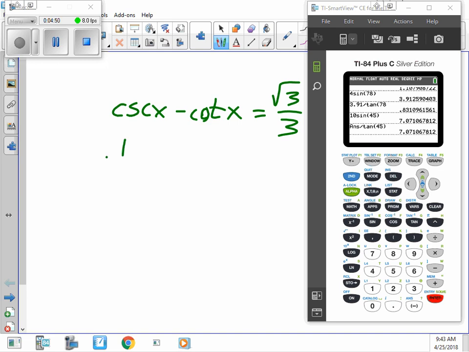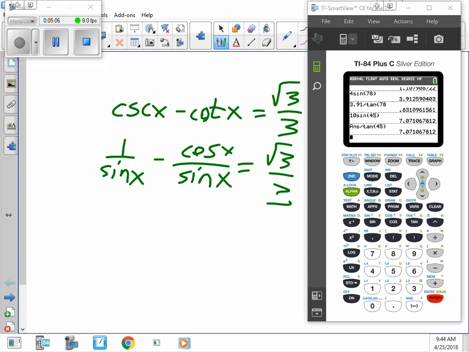So this is 1 over the sine of x minus cosine of x over the sine of x equals the square root of 3 over 3. How am I going to make that work? We know the sine of x can't be 0.